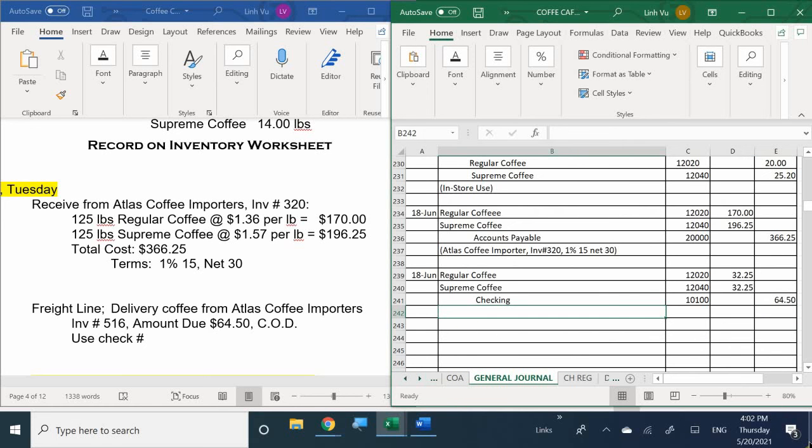Freightline, invoice 516, checking, and then I'll put Atlas Coffee delivery. That's fine. I also put COD for cash on delivery. Good.